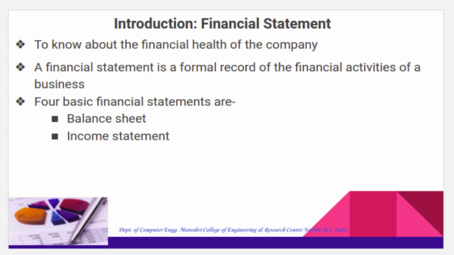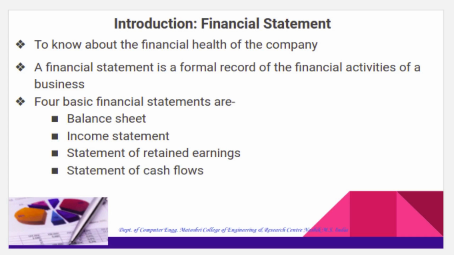After the income statement, the next is the statement of retained earnings. It explains the changes in a company's retained earnings over the reporting period. Then next is the statement of cash flow, which reports on a company's cash flow activities, particularly its operating, investing and financing activities. The media and general public are also interested in financial statements for a variety of reasons.